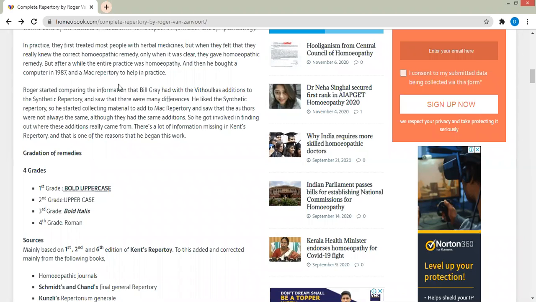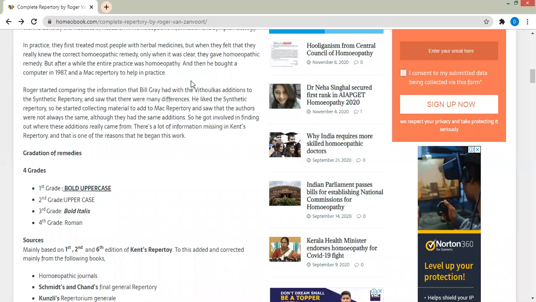So first, in practice, Dr. Zandvoort himself used only herbal medicines, and when he felt that some homeopathic medicine was strongly indicated for a patient, only then did he give the homeopathic medicine.